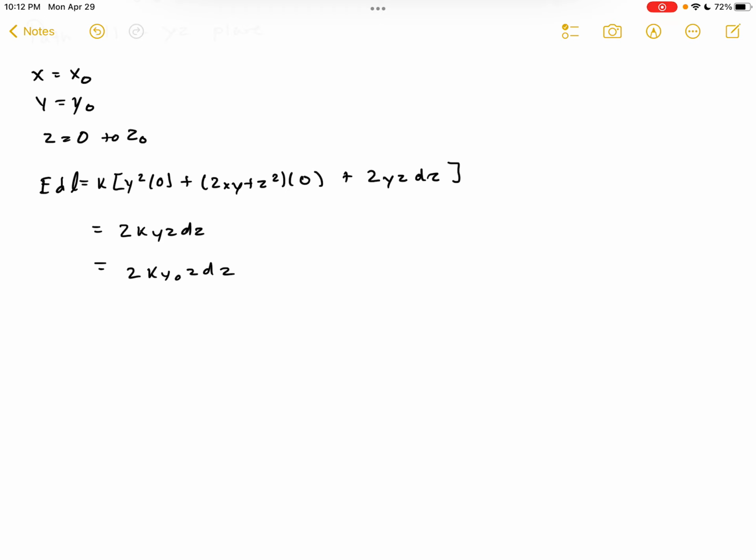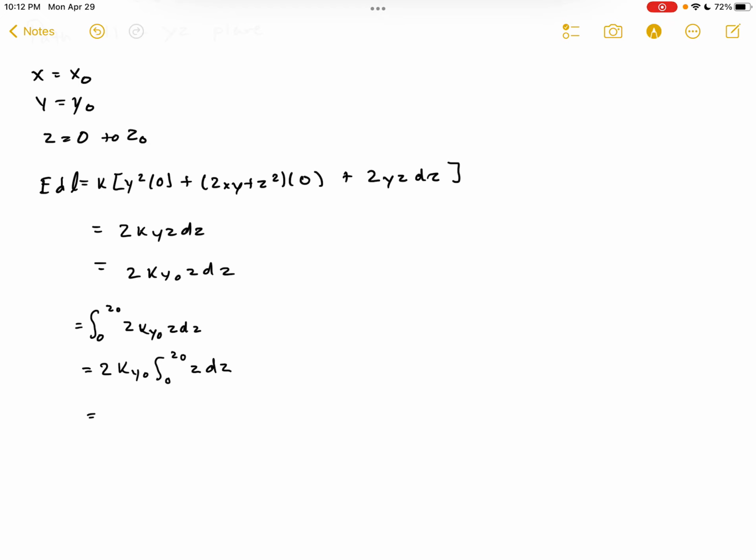We have to integrate, so we get the integral from 0 to z naught of 2k y naught z dz, which is equal to 2k y naught times the integral from 0 to z naught of z dz, once we take our constants out.